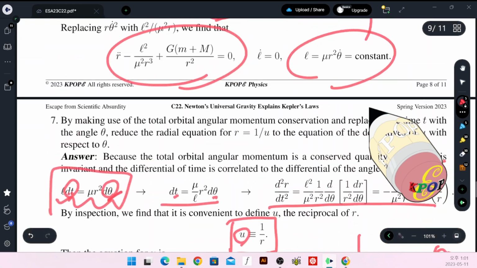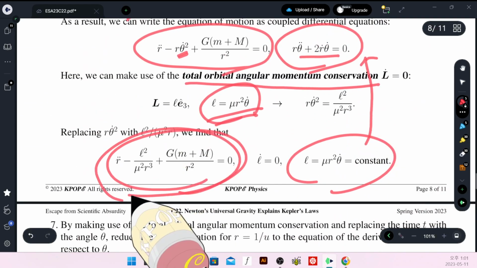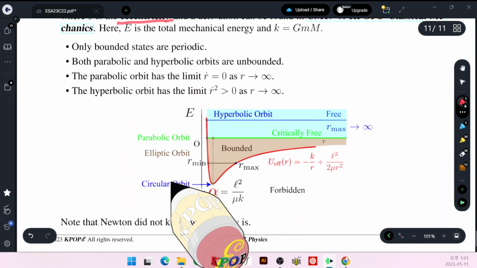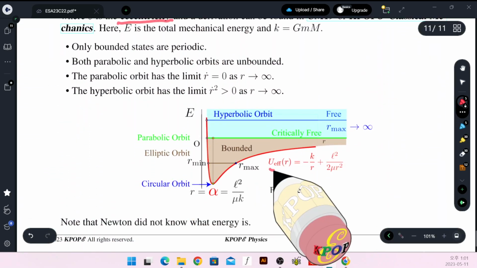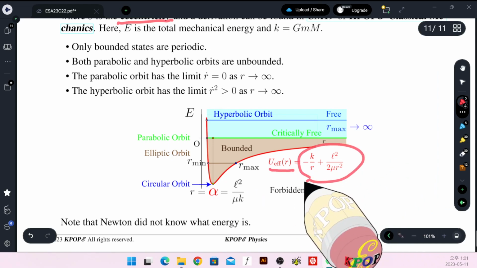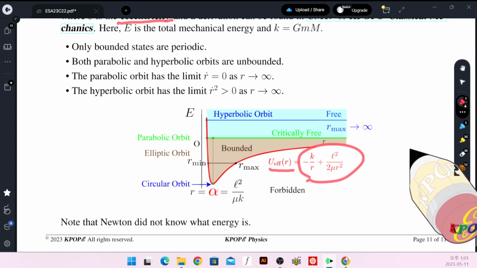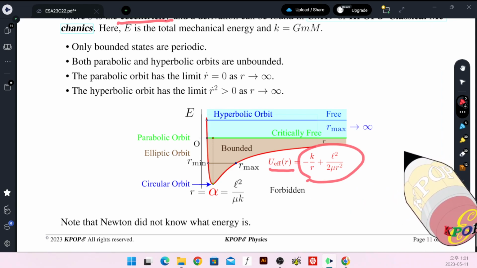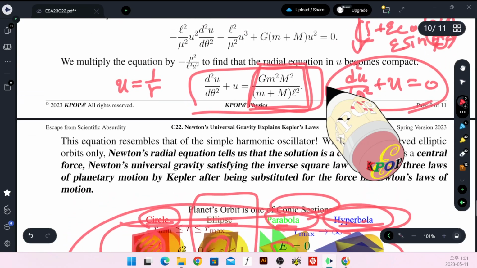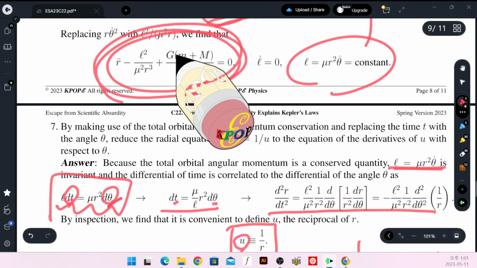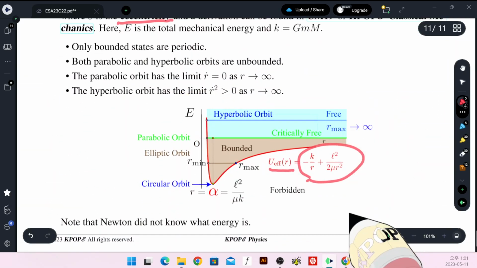By the way, from this equation we can construct the effective potential, whose negative gradient will give the effective force applying to the radial equation.